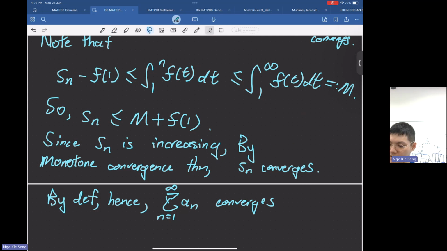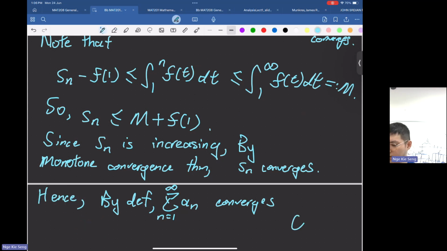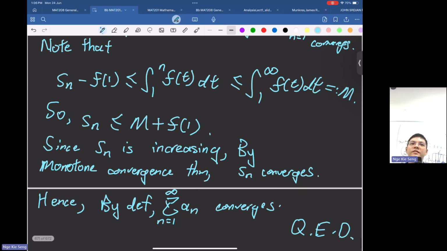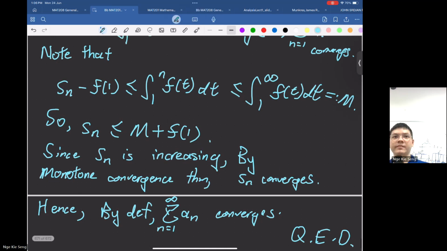Hence, by the definition of convergence of series, the infinite series of An converges. Any question before we take a break here? Any question?